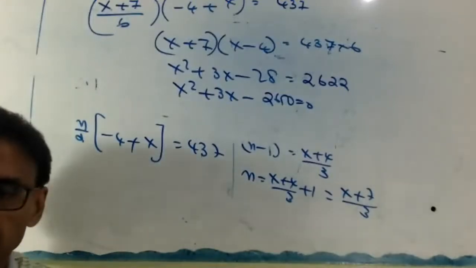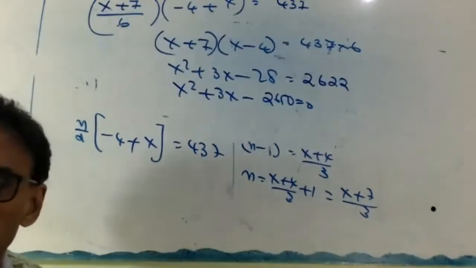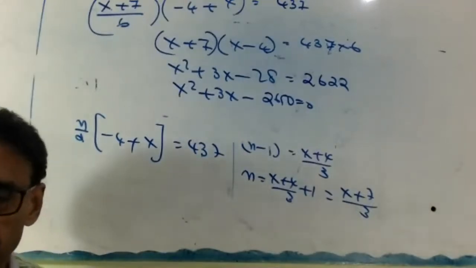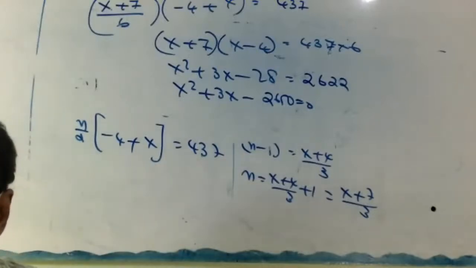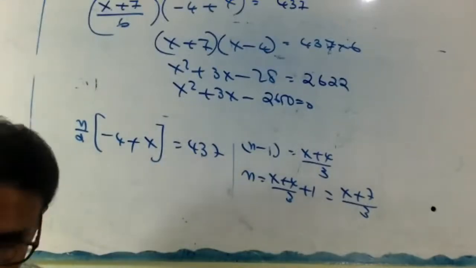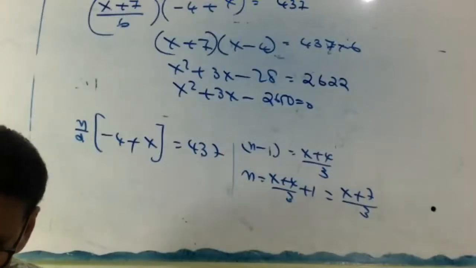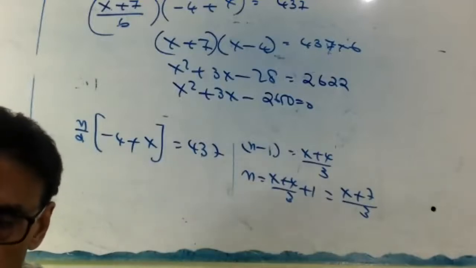Okay, so next question. Find the sum of 11 terms of an AP whose middlemost term is 30.